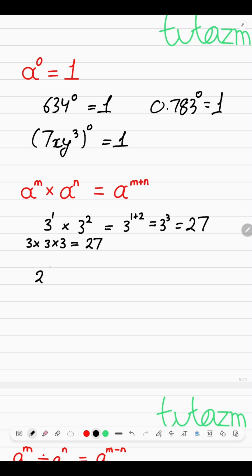So if you have 2 to the power of 6 times 7 to the power of 4, you can't add the indices together. They have to be the same base. So for example, if you have 4 to the power of 6 times 4 to the power of 3, that is going to give you 4 to the power of 9.